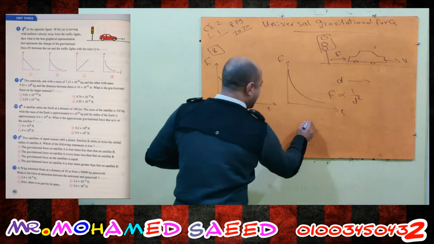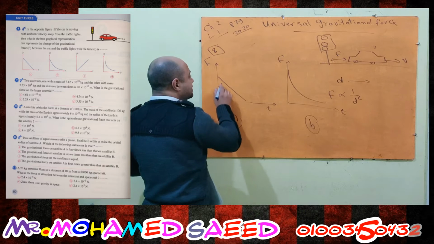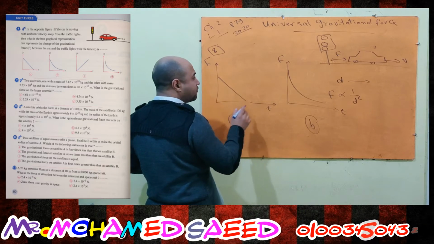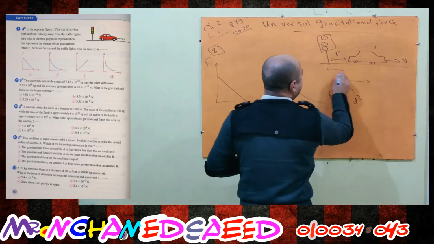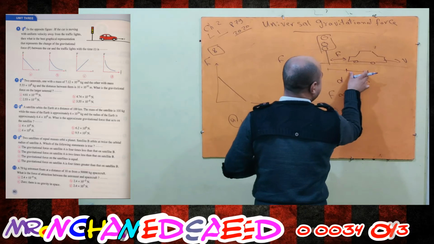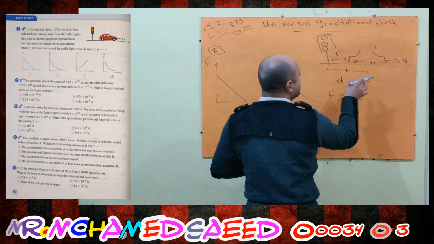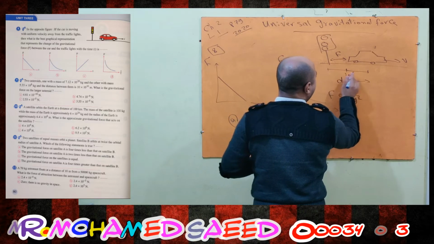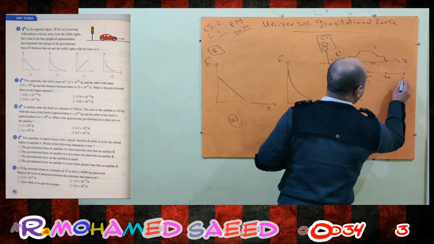Also, B says that it decreases, but the force in this case decreases uniformly. The car moves with uniform speed, you should know that. So after 1 second, the car will be at this place, and after another 1 second, the same displacement. So if the car moves, for example, with a velocity of 10 meters per second, after a second, 10 meters, another second, 20, another second, 30, another second, 40.